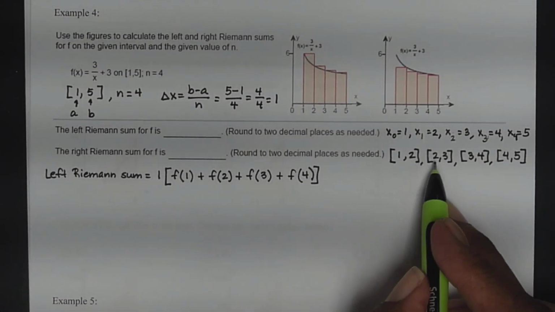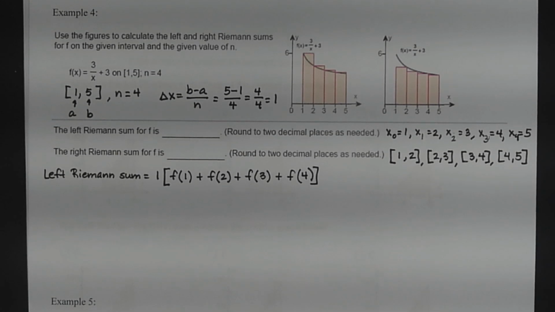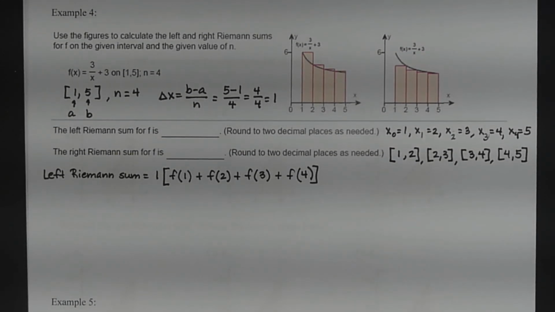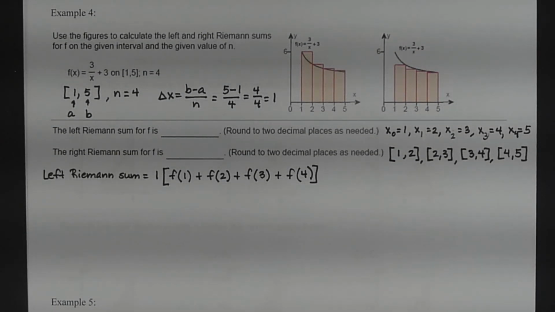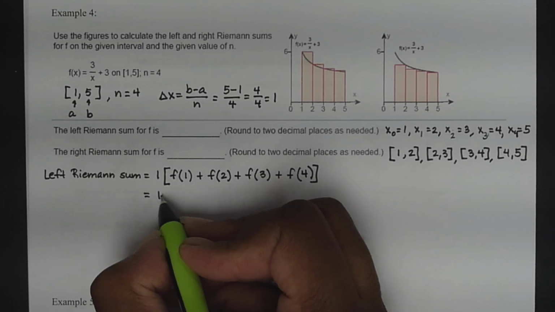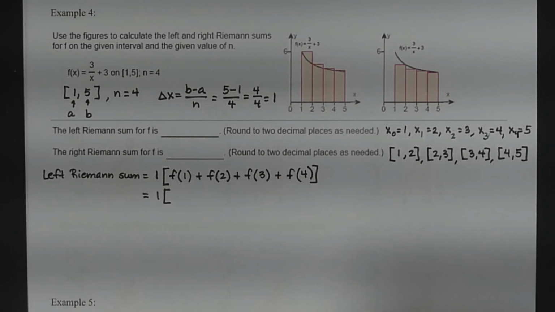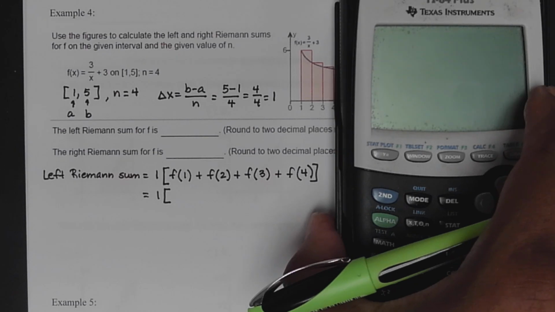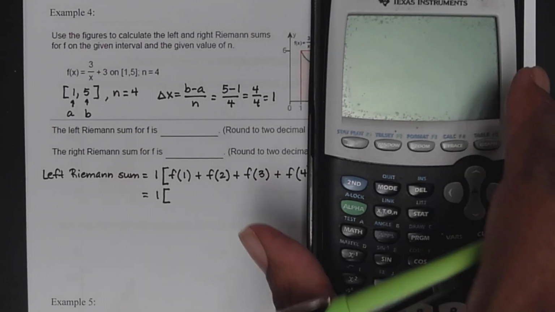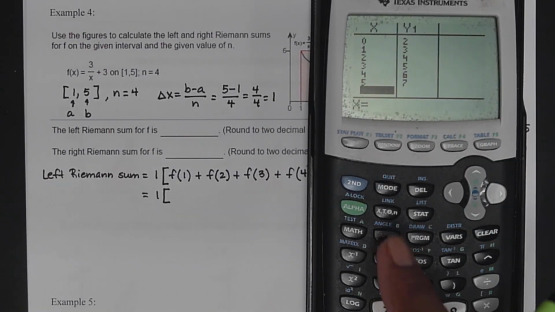So these are the left endpoints that I'm using to find my left Riemann sum. Let's use our graphing calculator to get our values for f of 1, f of 2, f of 3, and f of 4.